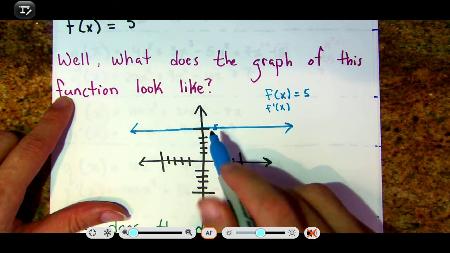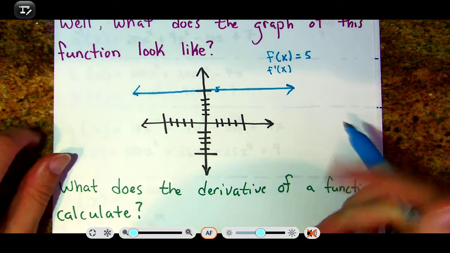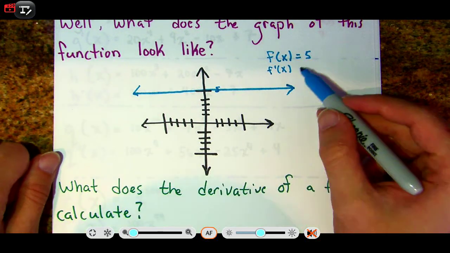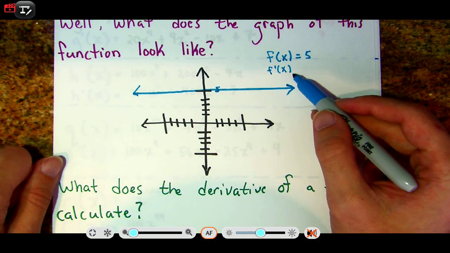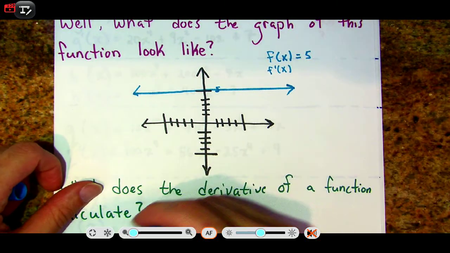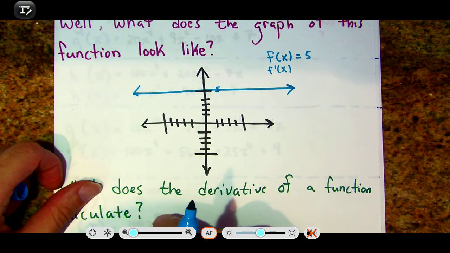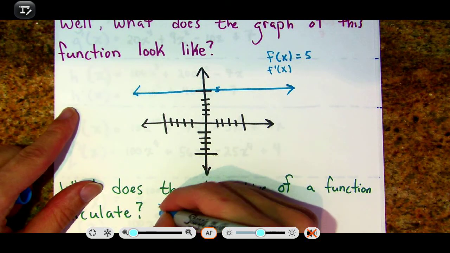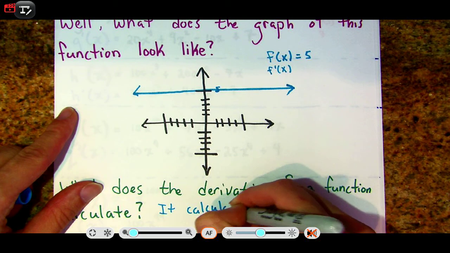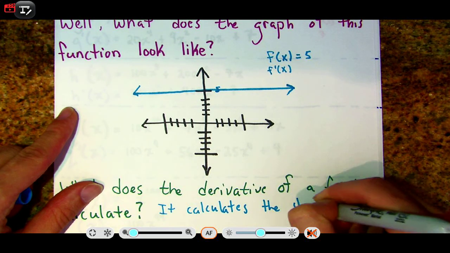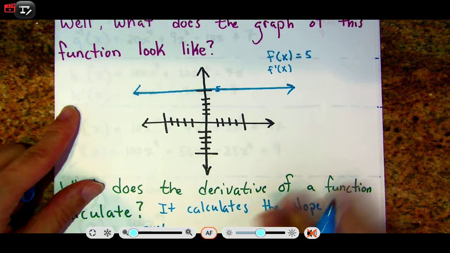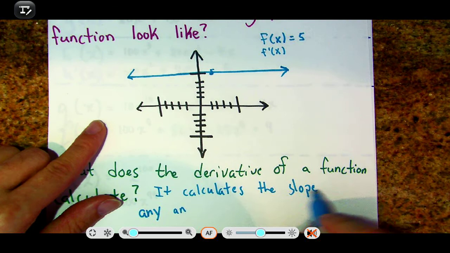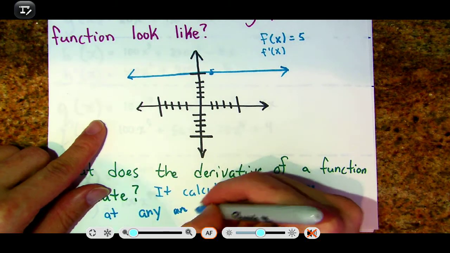First, we need to understand, what does the derivative of a function calculate? Like when you're finding the derivative of a function, what is it helping you calculate? Pause the video and try and recall this from our previous lesson, but it calculates the slope at any given point.